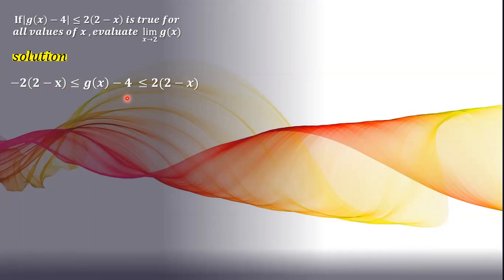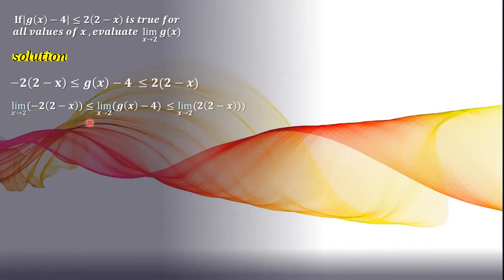Okay. Now we have to make g of x in the middle alone. So we must get rid of negative 4. We'll add positive 4 to both sides, all 3 sides, and take the limit for the 3 sides as x approaches 2.